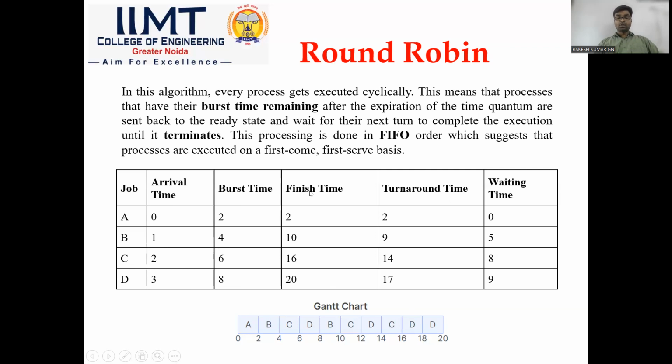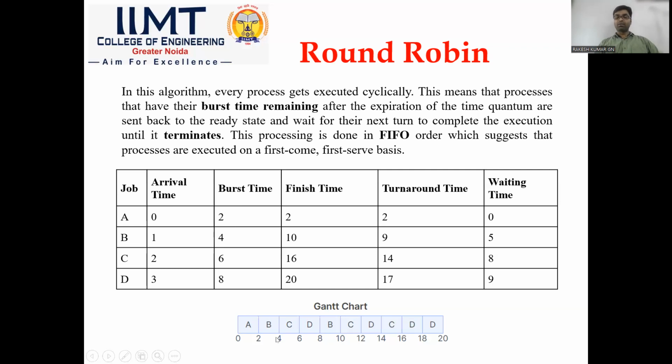Once again, what is the completion time for a particular process? The completion time for process A is 2, and for process B is 10. We do not write 4 here, because at 4 units of time process B has not completed its execution: we have executed only 2 units of time, but the complete execution for process B is 4.